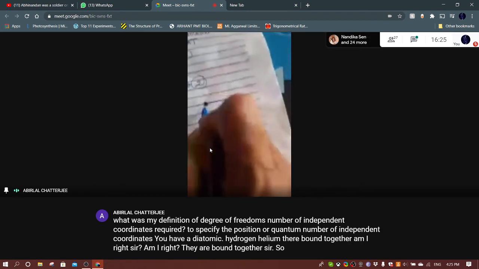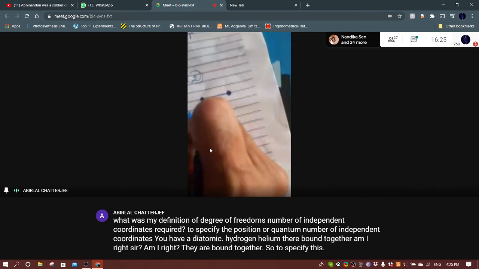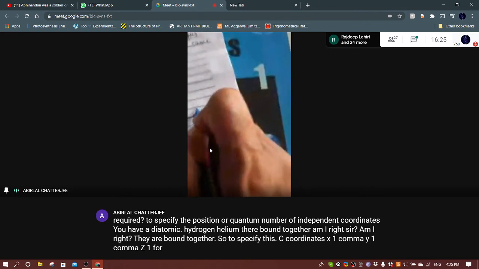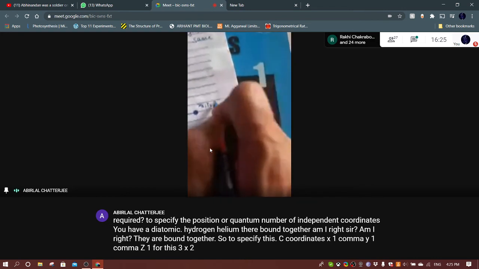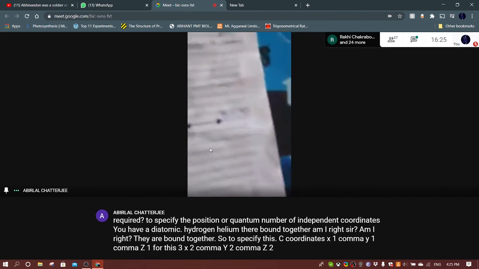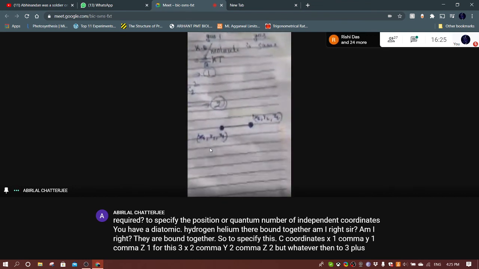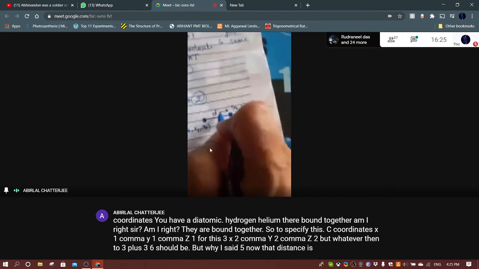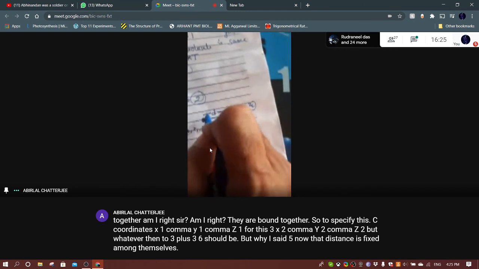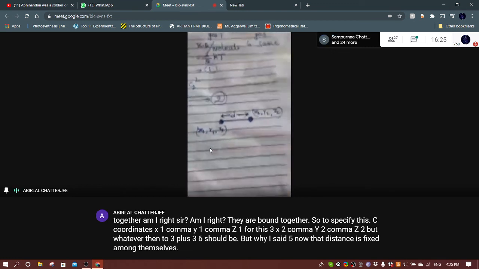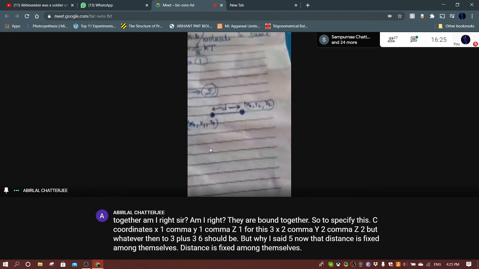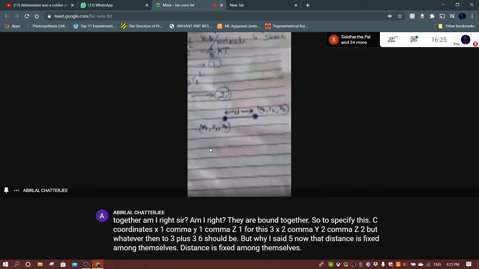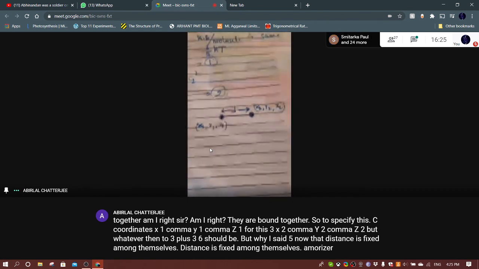They are bound together. So to specify these, 3 coordinates x1, y1, z1, and for the other, x2, y2, z2. Then 3 plus 3, 6 should be. But why did I say 5? Now that distance is fixed among themselves. Distance is fixed among themselves. Am I right, sir?